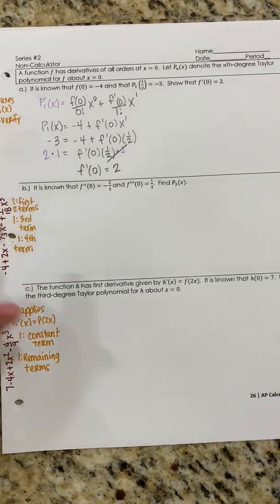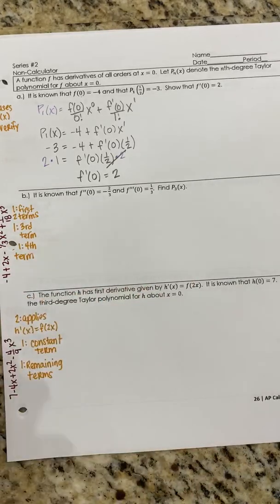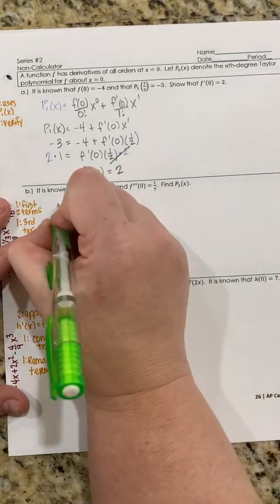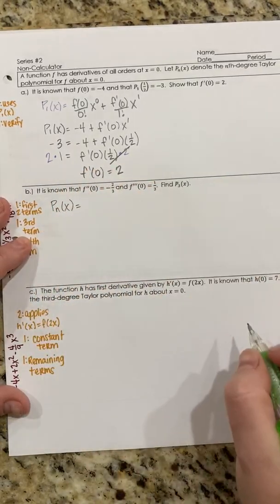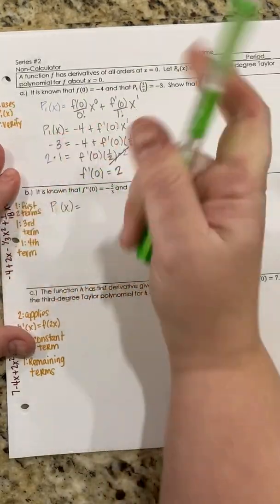Now they are telling me the second derivative and the third derivative and asking me for P3. So 3 means it's going to the third degree. So Pn of x equals, now if I'm going to a third degree, that n is 3.